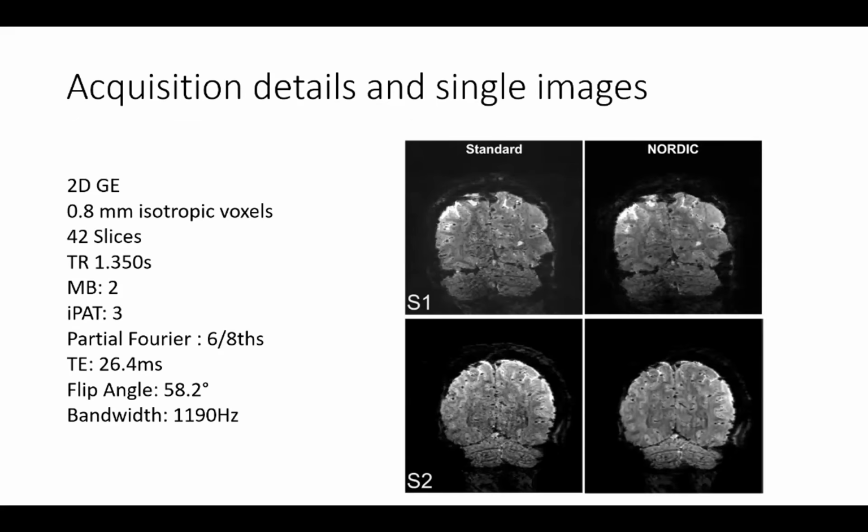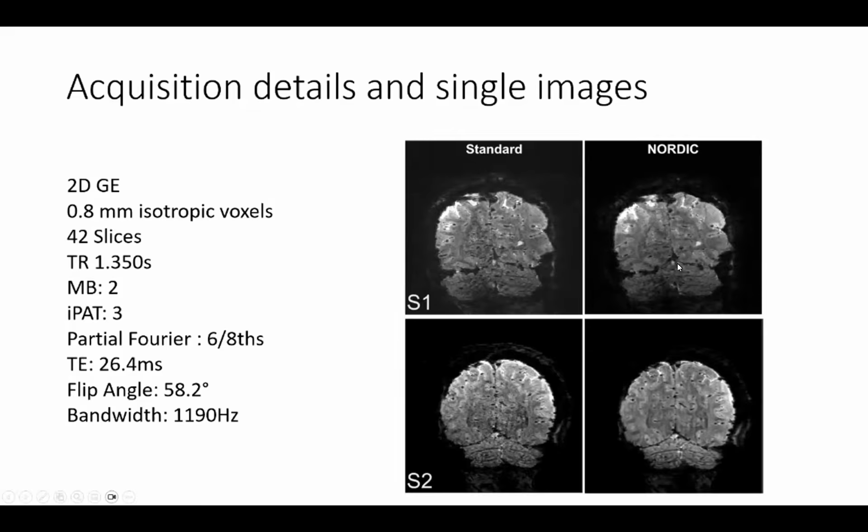The bulk of the validation we carried out on our 2D gradient echo data. It's 0.8 millimeter isotropic voxels with a TR of about 1.3 seconds, and that's the same data that Renzo was showing yesterday. We started from an easy case, the gradient echo, which we know has one of the better BOLD contrasts. Here we can see a single EPI image on the left as it comes out of the scanner before NORDIC, and on the right we can see the same image after NORDIC.